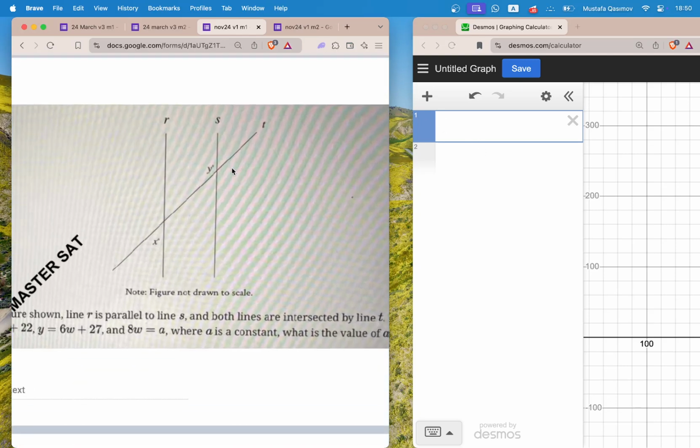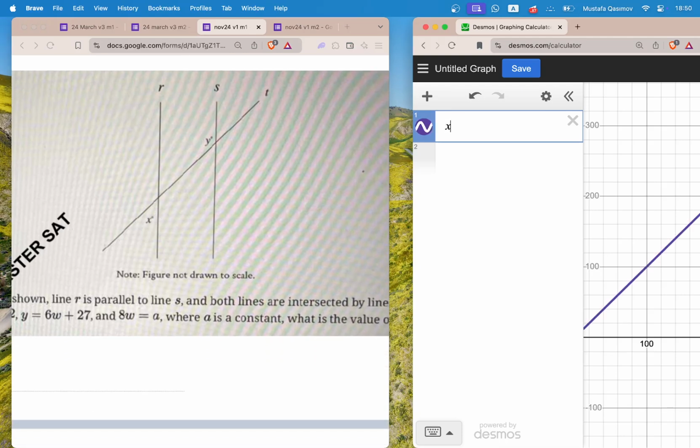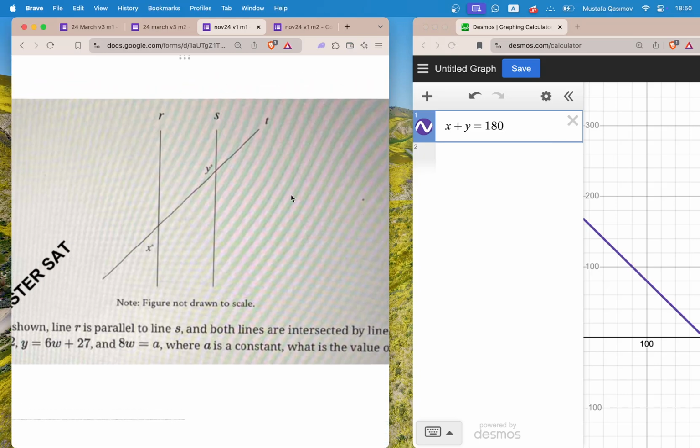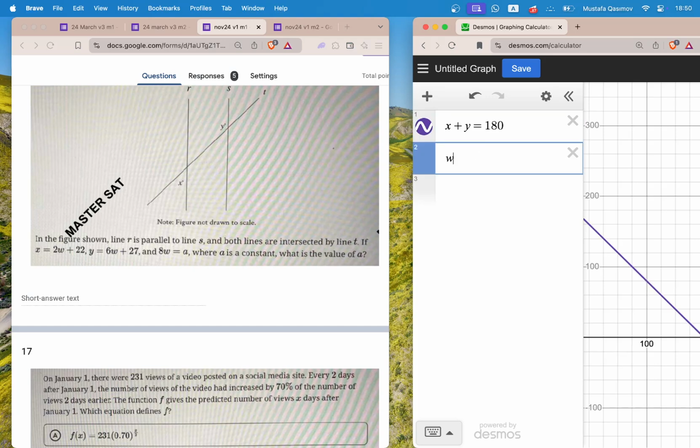For 16, we have two parallel lines, S and R. From here, we can say that x plus y is equal to 180. Then we have to do one substitution here, two substitution. Instead of x, let's write 2w plus 22 plus 6w plus 27.